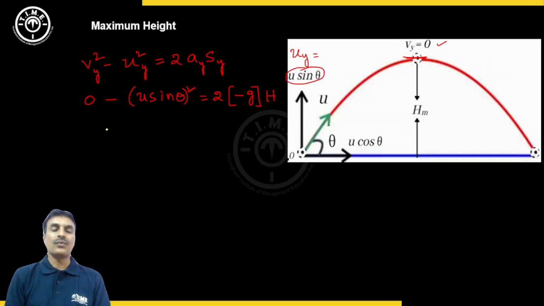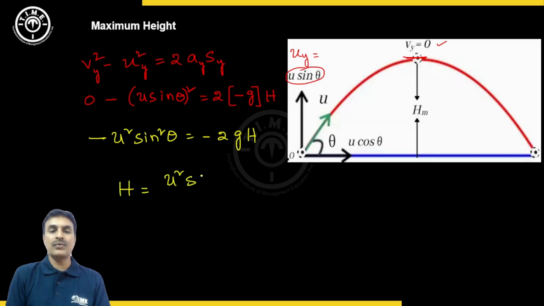So what is the simplified value? Minus u square sin squared theta is minus 2g h, where h is h max. Cancelling minus on both sides, h comes out to be u square sin squared theta divided by 2g.